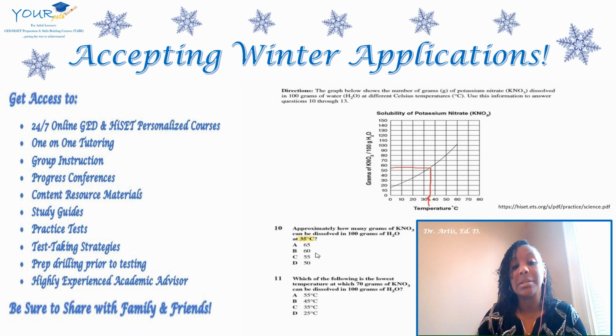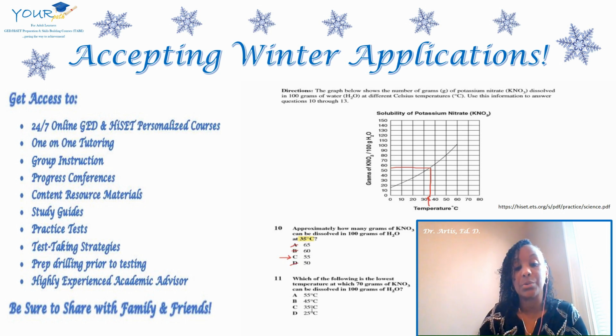So in terms of answering this particular question, we know that approximately 55 grams of potassium nitrate can be dissolved in 100 grams of water, which is option C. And so therefore we can eliminate options A, B, and D because they do not apply.